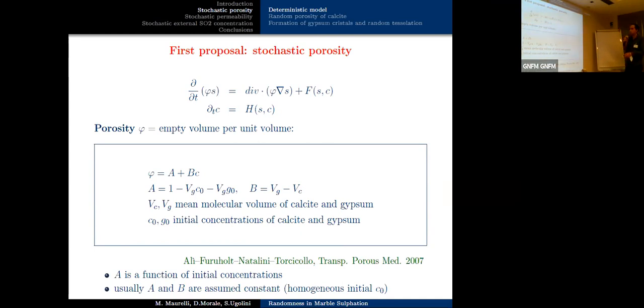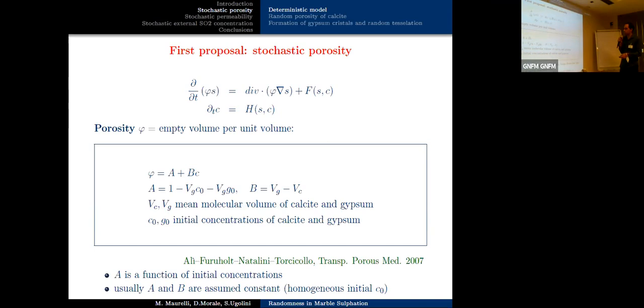And then you have psi 0 and G0, which are the initial concentration of calcite and gypsum. So this appears in the formula for phi, right? Originally, these are in principle not assumed to be constant in space, psi 0 and G0.